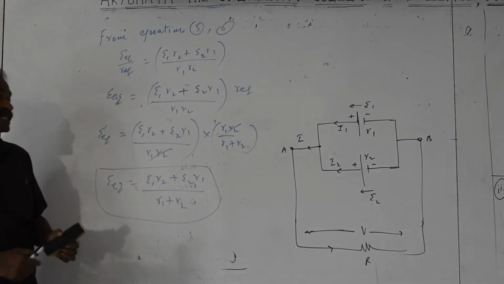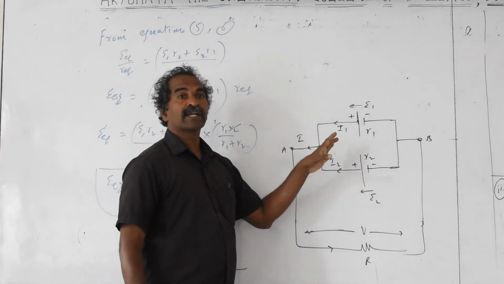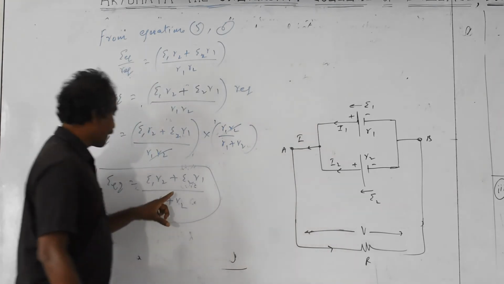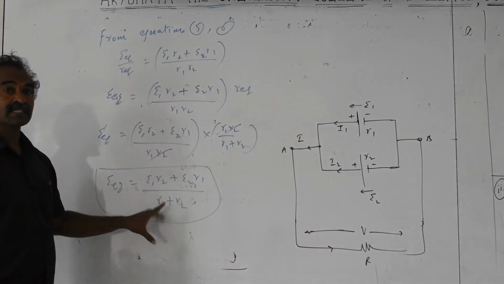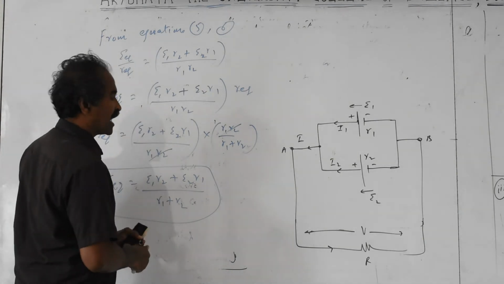What if one of the cells has reverse EMF? Reverse EMF means that you take it as a minus. If E2 is reversed, then you take this numerator as minus. Not the resistance. Resistance will never be minus. Current is in the direction of the larger EMF.